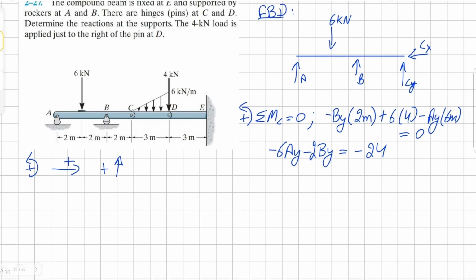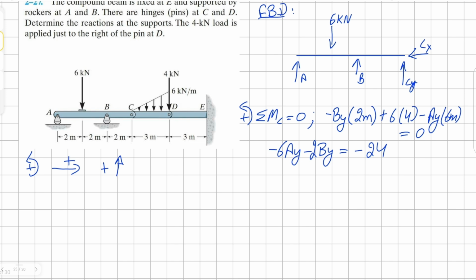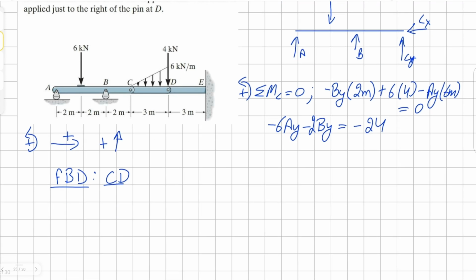Now we can see that we can't do anything else for this section. Let's do our section CD. For CD, our free body diagram is as follows.